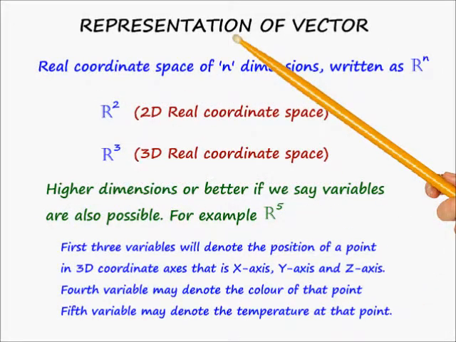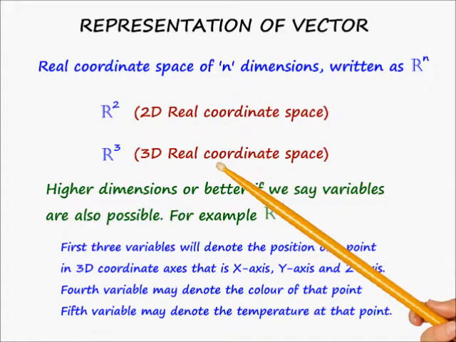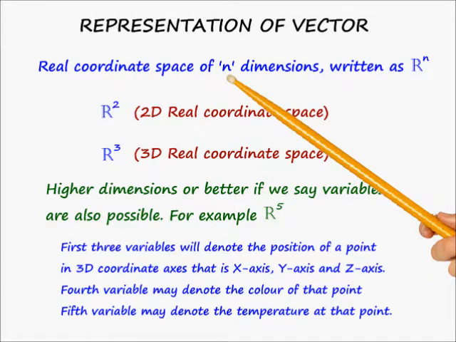Representation of vector. A vector is normally represented in two-dimensional real coordinate space, that is nothing but a plane, or three-dimensional real coordinate space, which is a three-dimensional space. These real coordinate spaces will be written like this, which is the short form of real coordinate space of n dimensions.